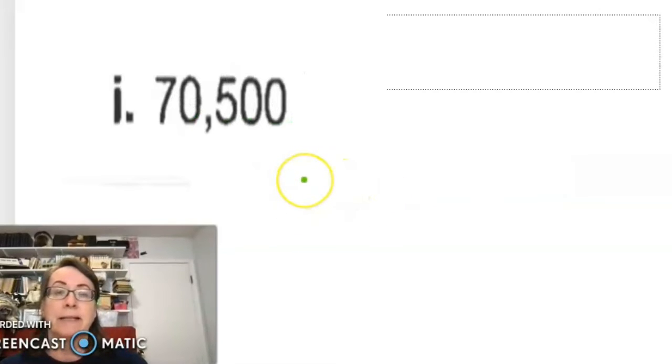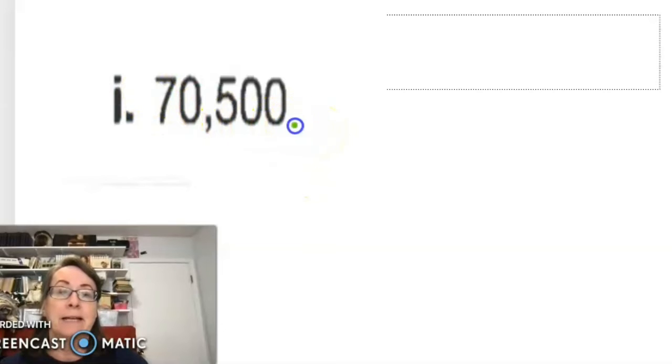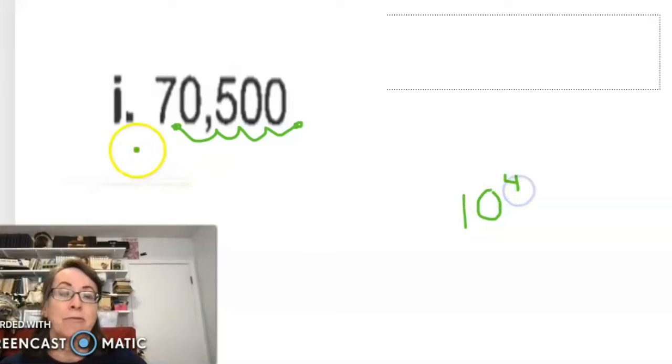So now we're doing 70,500, and the decimal is here. But we want the decimal to be here in our scientific notation. That is a motion of 4 steps to the left, so it's going to be 10 to the 4th, moving it from there back to the right to get it back where we want it to be.